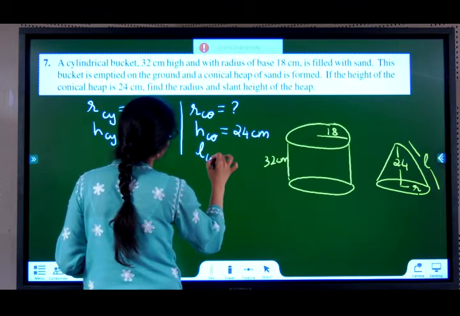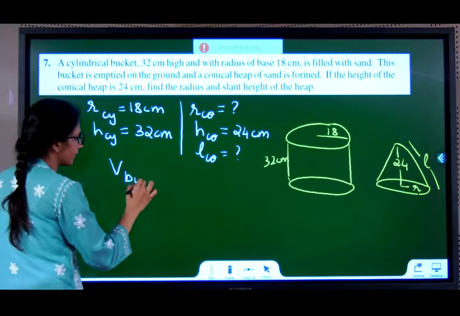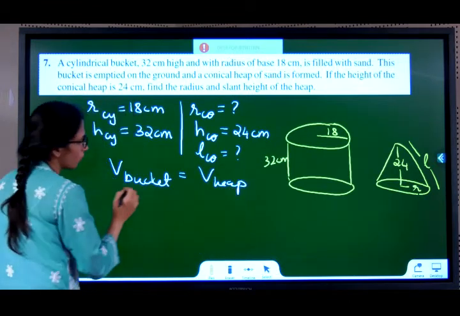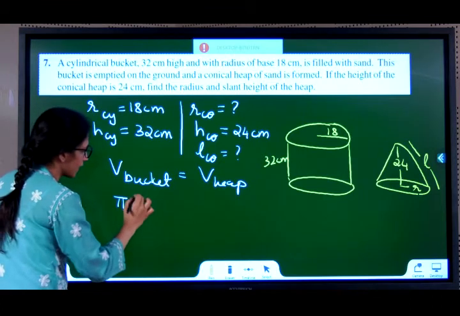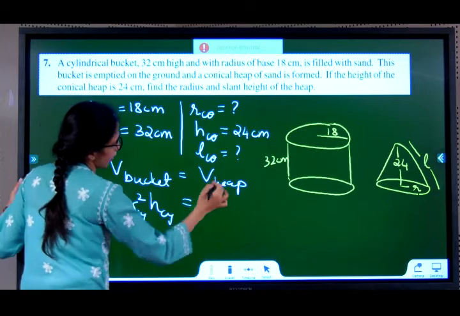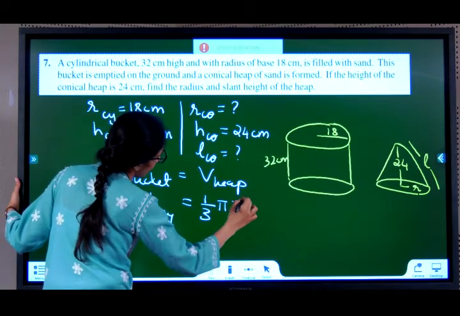They are also asking to find the slant length of the cone. So, volume of bucket is equal to volume of heap. Volume of bucket is pi r square h, that is cylinder. Volume of heap is 1 by 3 pi r square h.